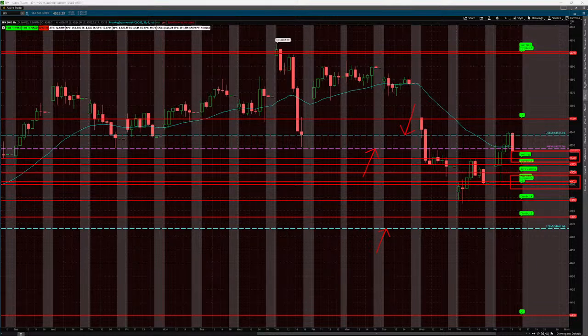And then finally, the call wall is up above at 4,600. That's the strike with the largest net positive gamma, and that can be expected to act as resistance. So those are the key daily levels for the S&P 500 SPX index, and obviously levels in play for today, the 4,500 put wall and the 4,520 volatility trigger.